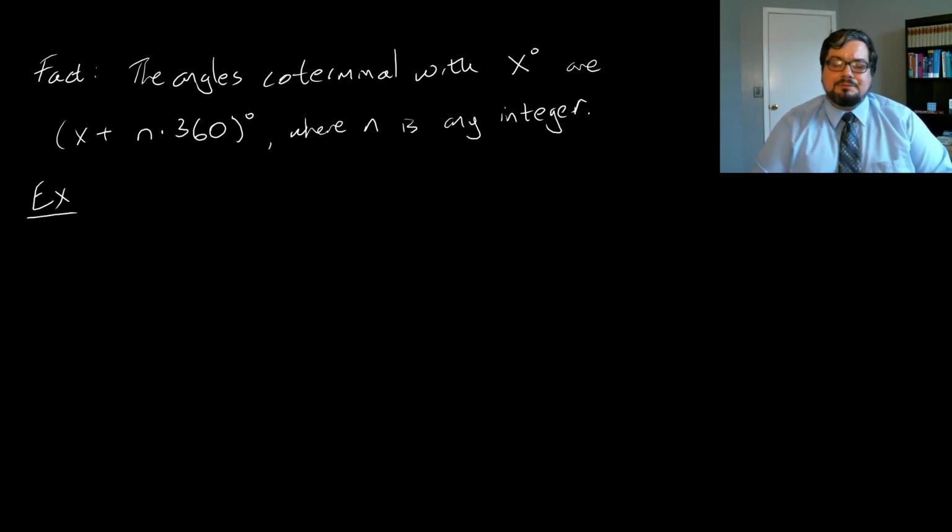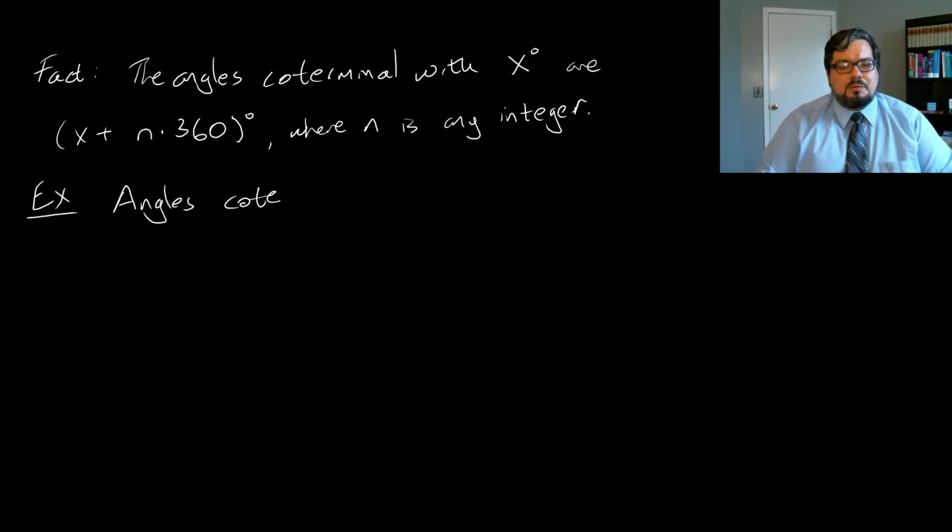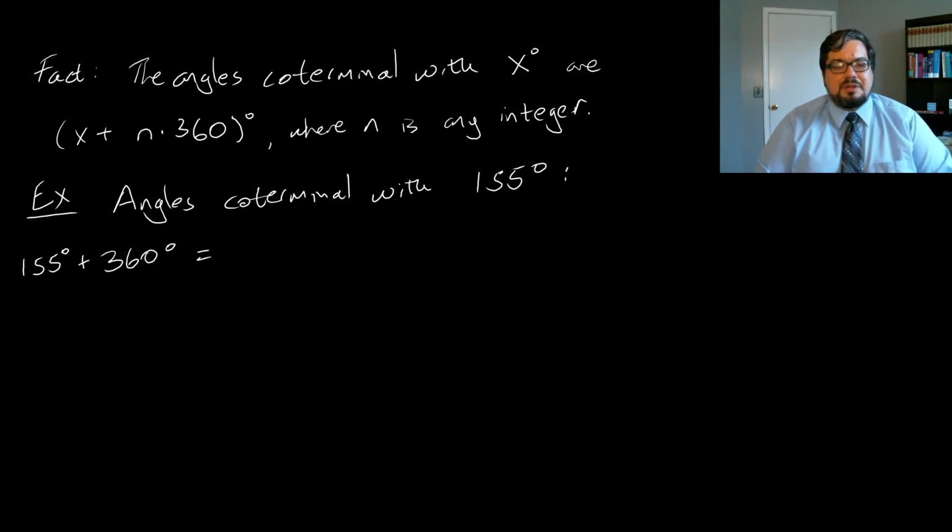So for example, even without doing the sketch, we could write down some angles coterminal with, let's say, 155 degrees. We could take 155 plus 360. So this would be taking n to be equal to 1.